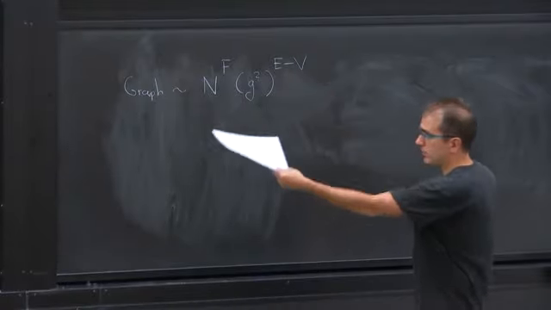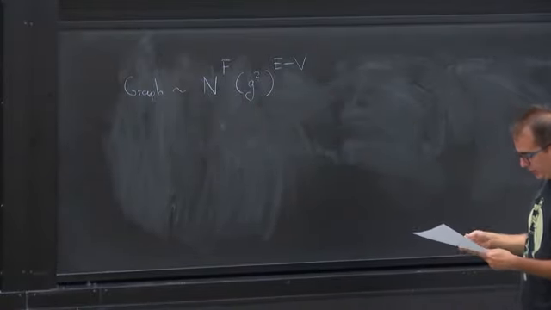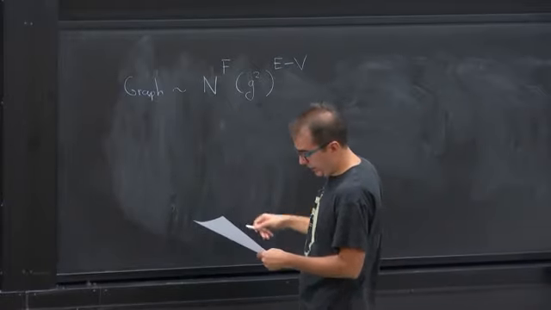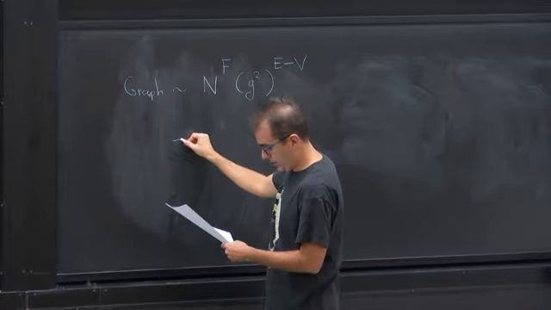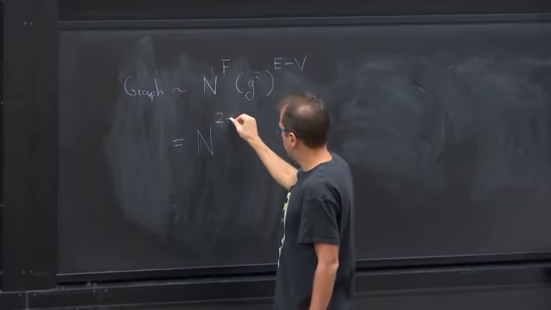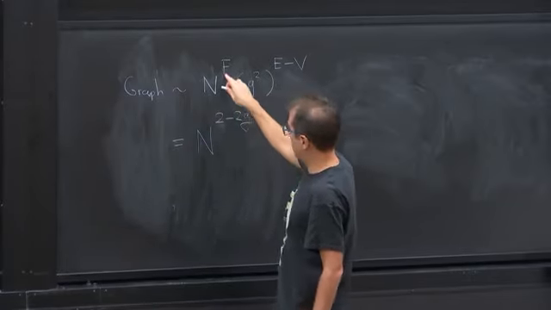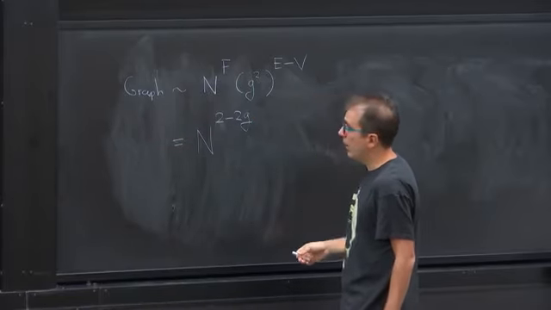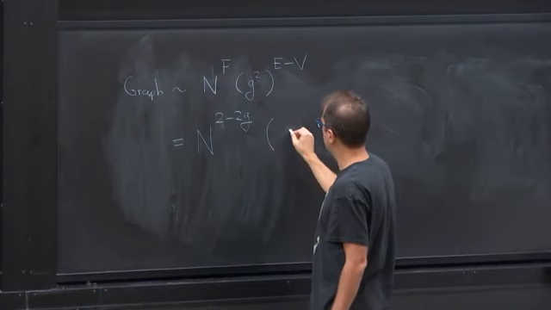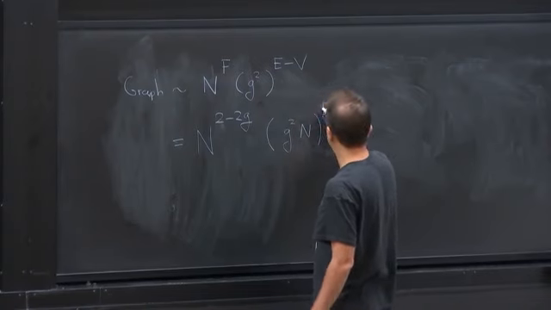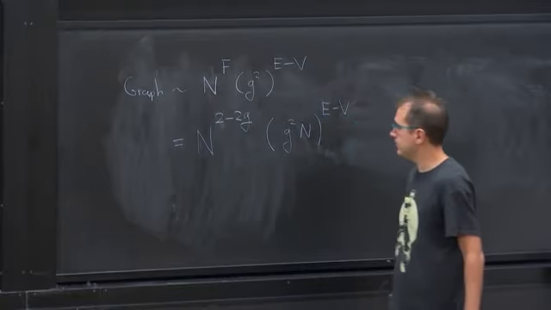I just copied what is there. And then, using that relation over there, I wrote this as n to the 2 minus 2g. So I replaced f by 2 minus 2g plus that quantity. And then what appears here is g squared times n to the power of edges minus vertices.